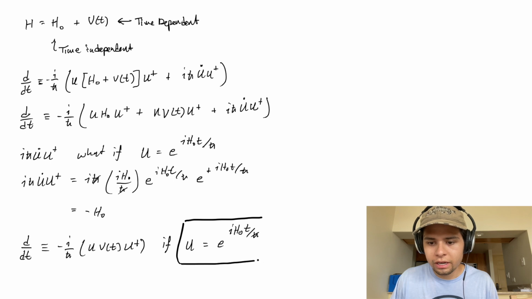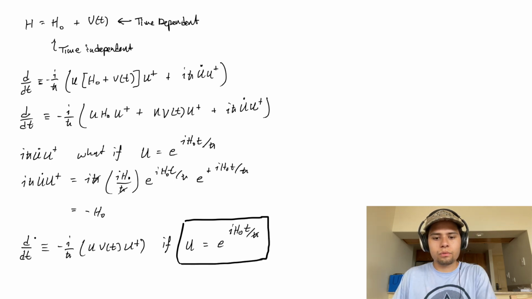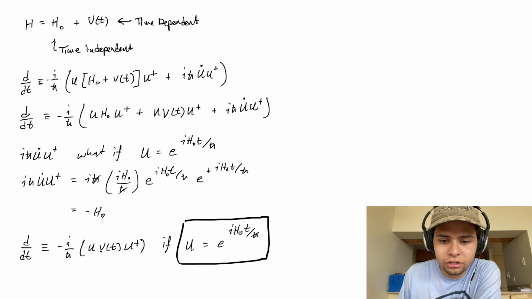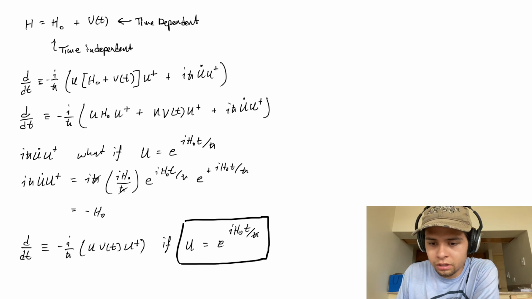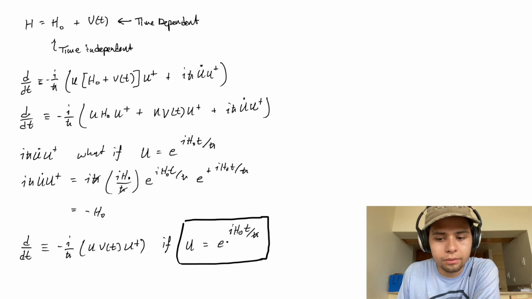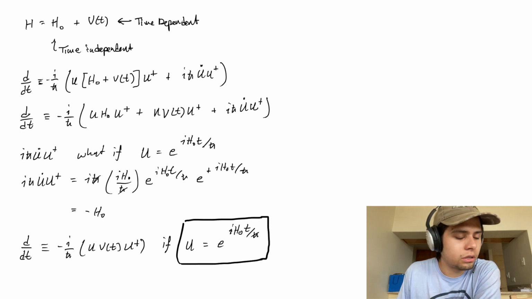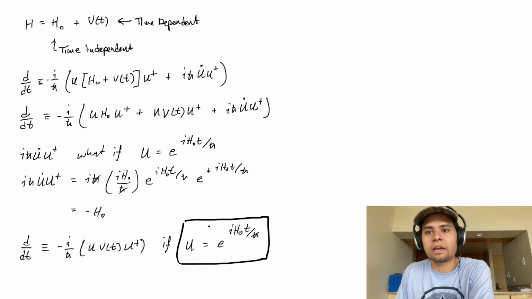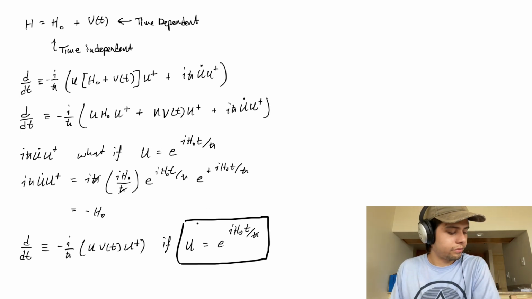We found out that if we want this condition to be true, if we want the time derivative to just have time components to it, then u here has to be this, okay? And so u here is in terms of the time independent part of h, okay?